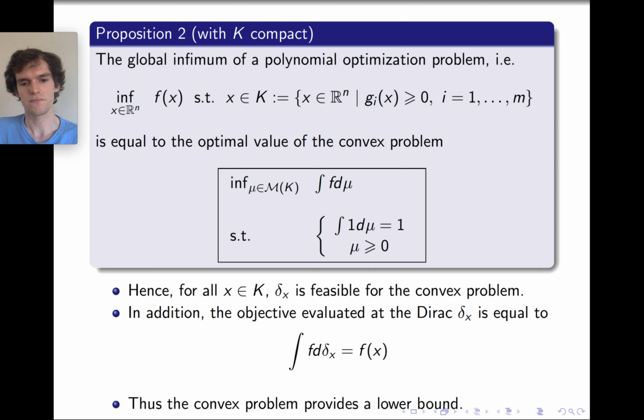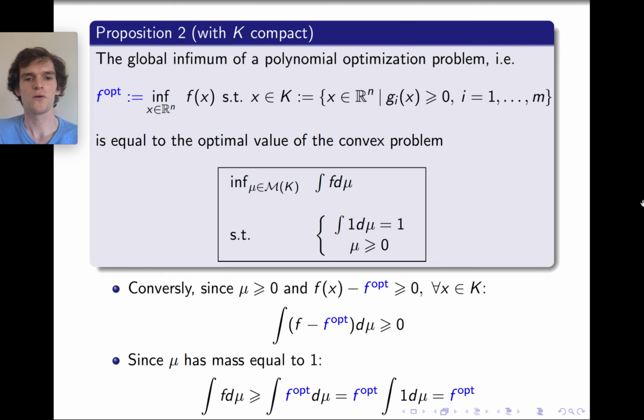Since we can do this for all x, that means that the infimum for the convex problem is going to be less than or equal to the infimum for the non-convex problem above.